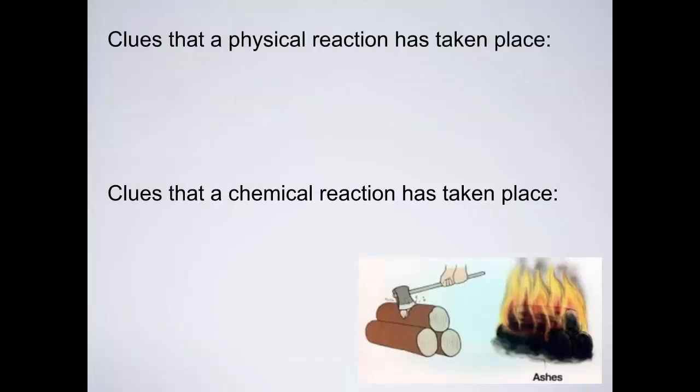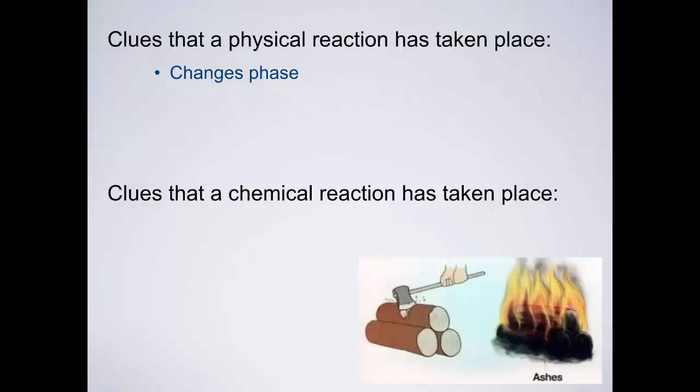So there are often some signs that we look for if we're trying to identify whether a physical or chemical change is taking place. Some clues that it's a physical change: just a change in phase. Boiling water is a physical change. We have different words for them, but steam, water and ice are all the same substance. Melting a block of gold would be a physical change.